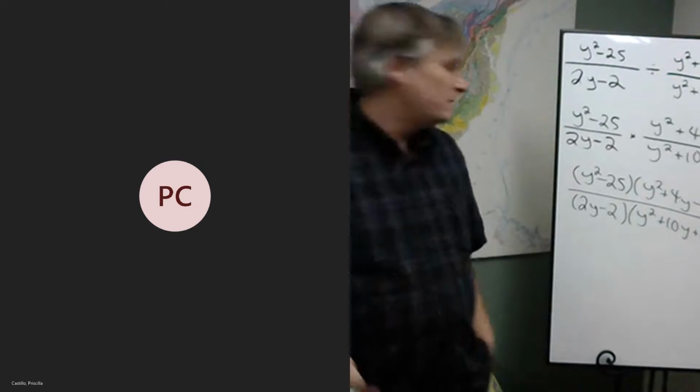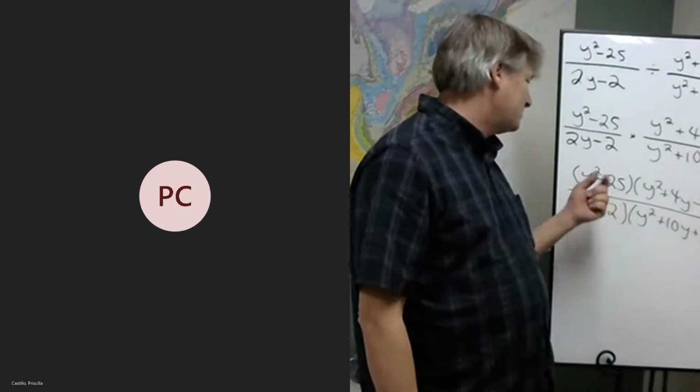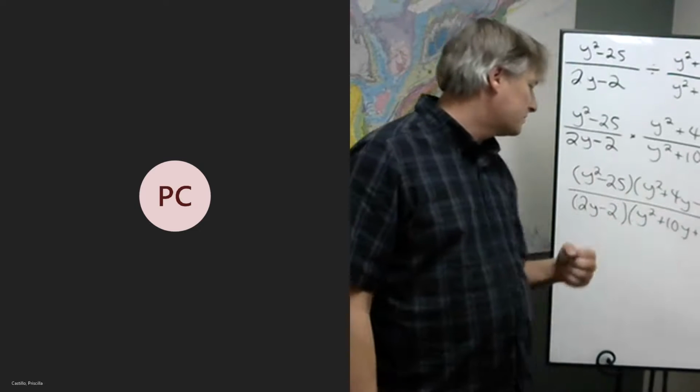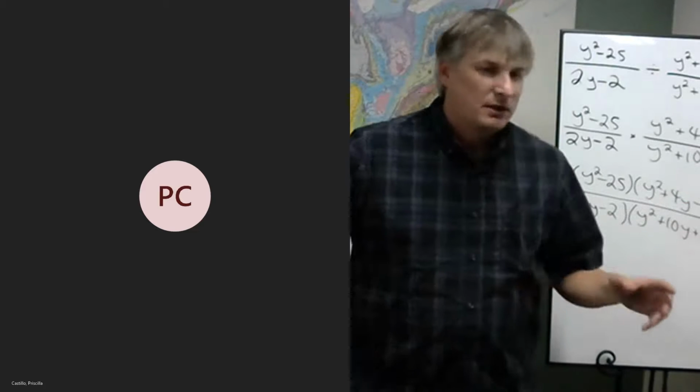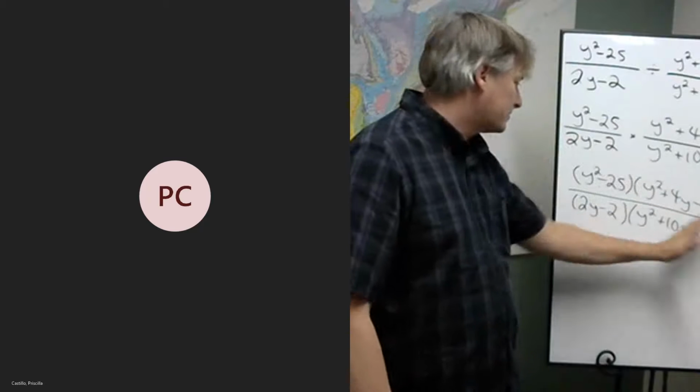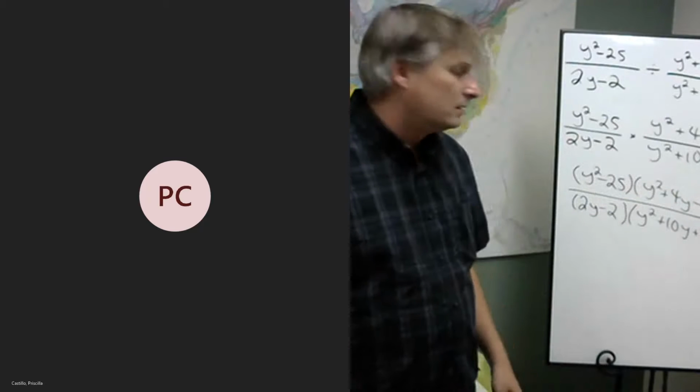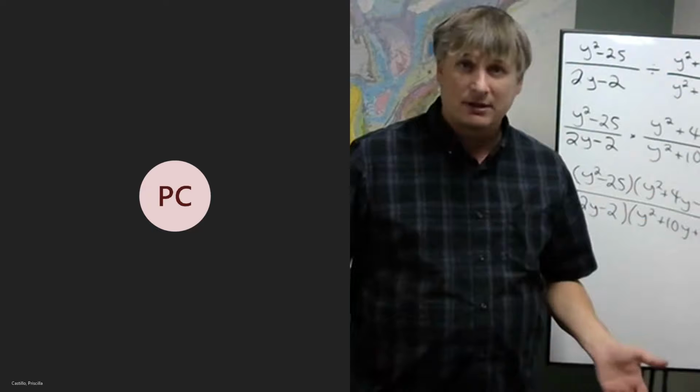Now, what we want to do before we try to distribute, you get really kind of a complicated expression top and bottom. Let's factor things and see if anything's going to cancel out.